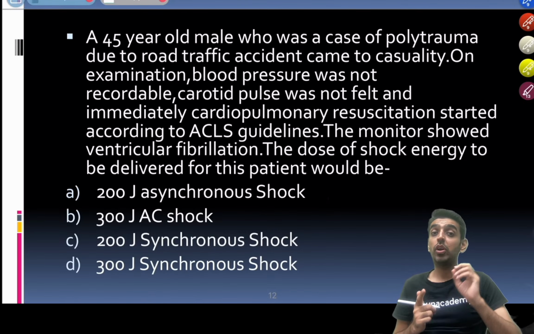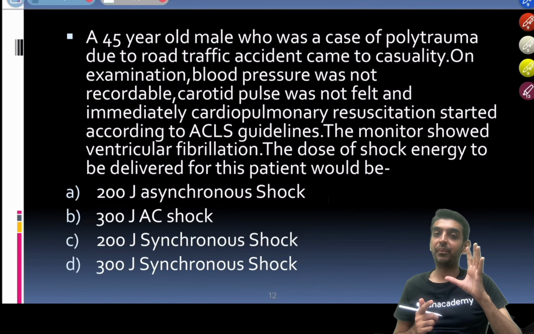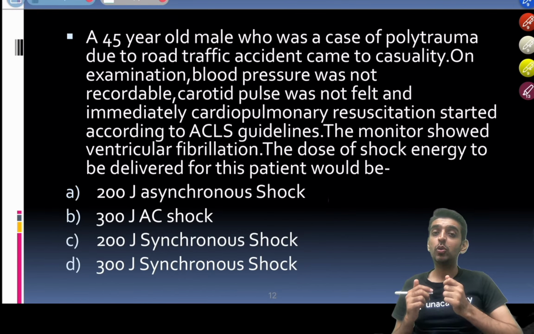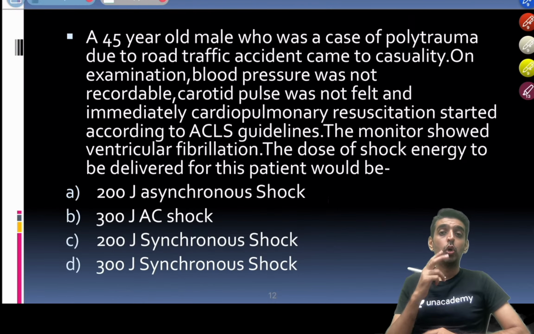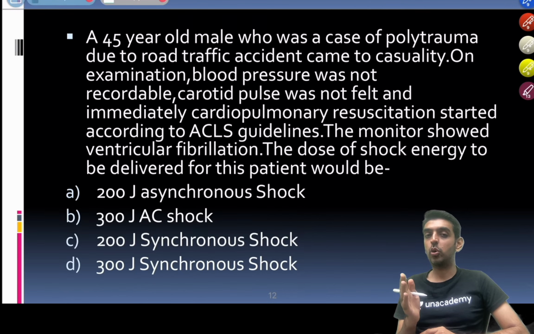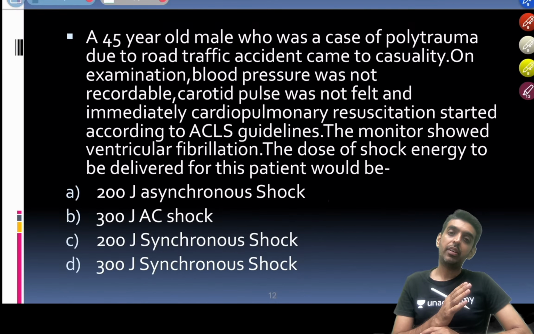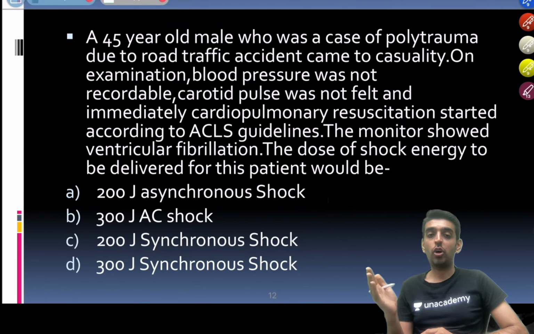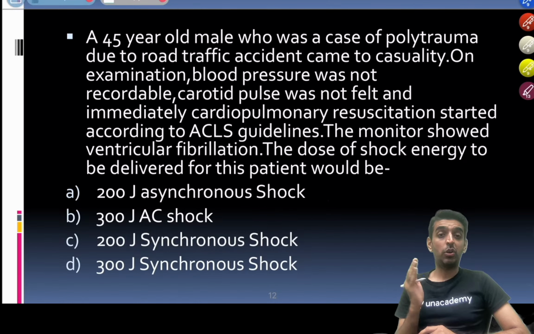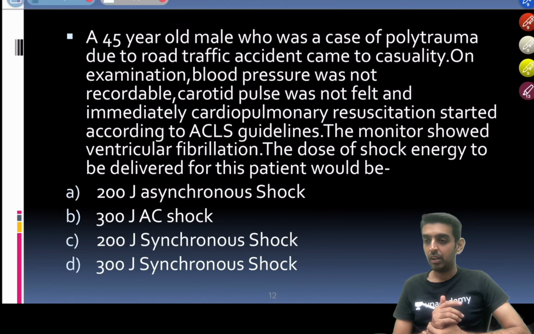The monitor showed ventricular fibrillation, right? The dose of shock energy to be delivered in this patient would be 200 joules of asynchronous shock, 300 joules of asynchronous shock, 200 joules of synchronous shock, or 300 joules of synchronous shock.